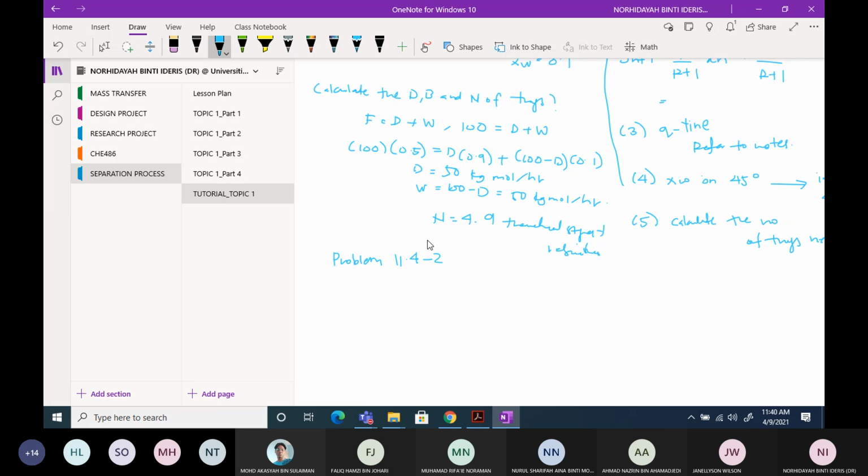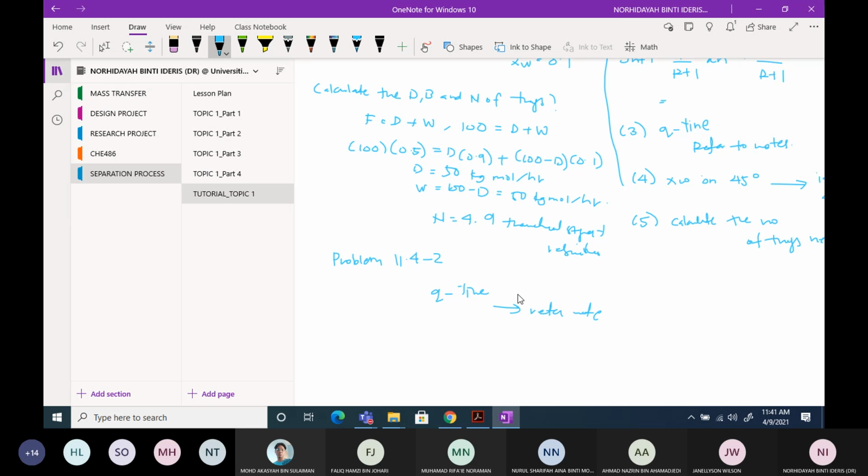All right, now for 11.4-2. Just read the question. Saturated liquid feed of 200 mole per hour at the boiling point. So the same thing goes for 11.4-2. In order to plot this Q line, you should refer to the notes.